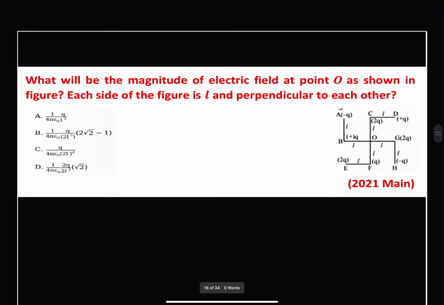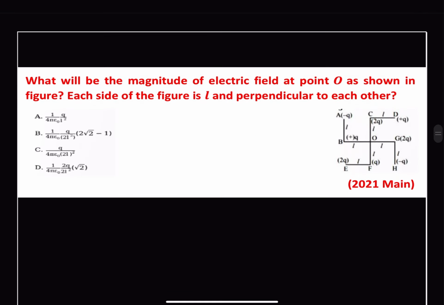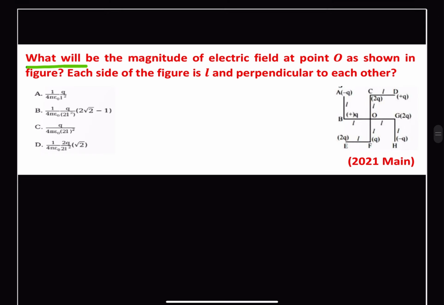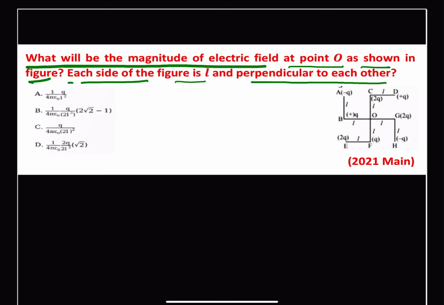We are given: what will be the magnitude of electric field at point O as shown in the figure. Each side of the figure is L and they are perpendicular to each other. The basic figure given to us is just a square, but these 4 sides are missing.